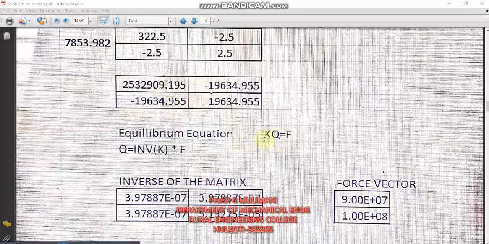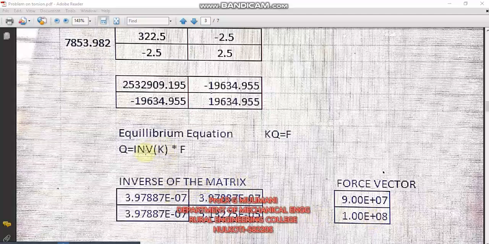We know the equilibrium equation KQ is equal to F. To find Q, that is the nodal displacement phi 1, phi 2, phi 3, if K goes to the other side, Q is equal to K inverse into F. The inverse of the stiffness matrix is calculated here, and this is the force vector, 90 into 10 raised to 6 and 100 into 10 raised to 6.